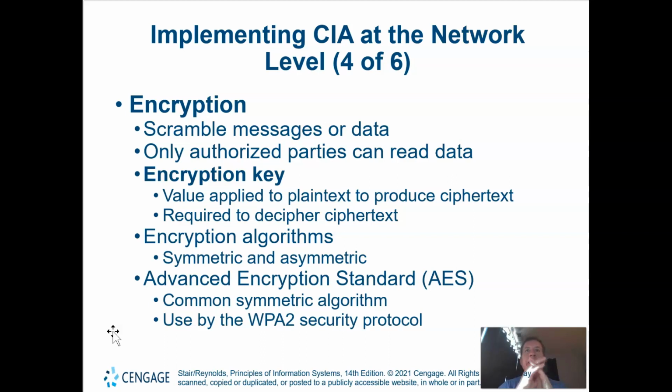And the encryption key is a value that we apply using some algorithm, and there are various different algorithms out there. In my company, we use only NIST, the National Institute of Standards and Technology, approved ciphers for encryption. So they're very strong, right?